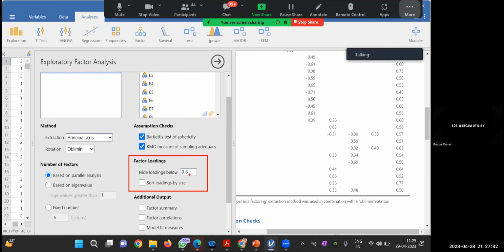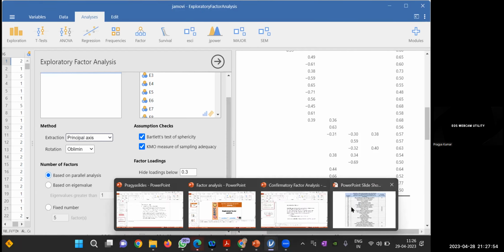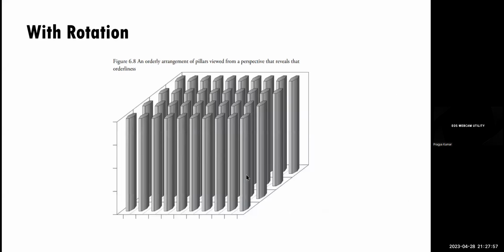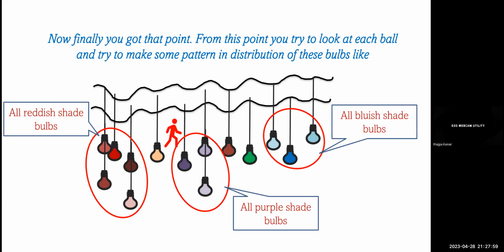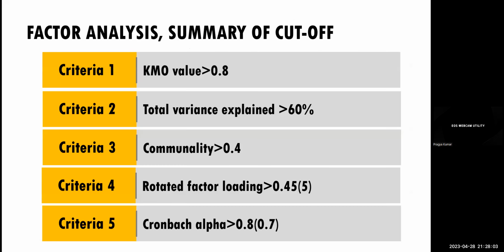This loading, you can say that it is basically... remember that this point which Preeti, I don't know who asked this. I'll just go and show this. You asked about this, no?